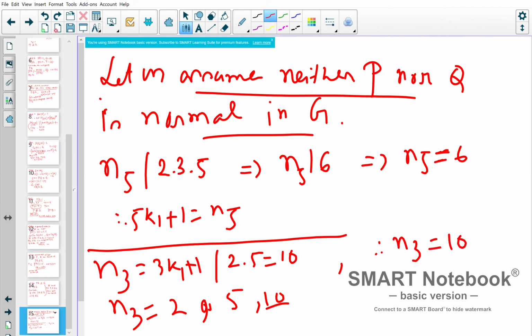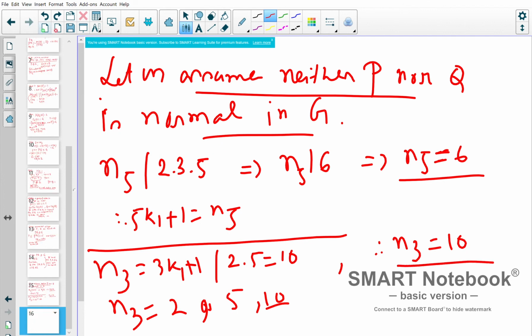Okay, clear? Now, what does that mean? I have 6 Sylow 5-subgroups and 10 Sylow 3-subgroups, right?